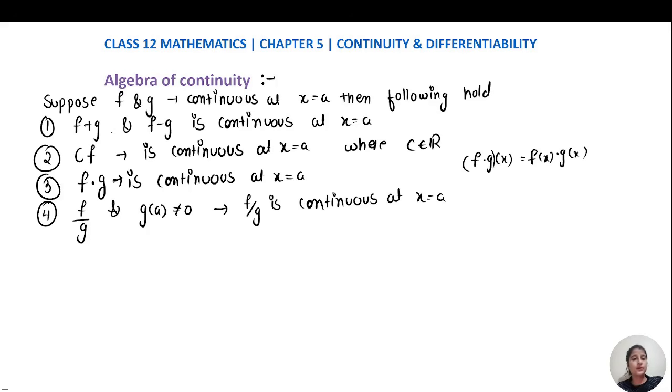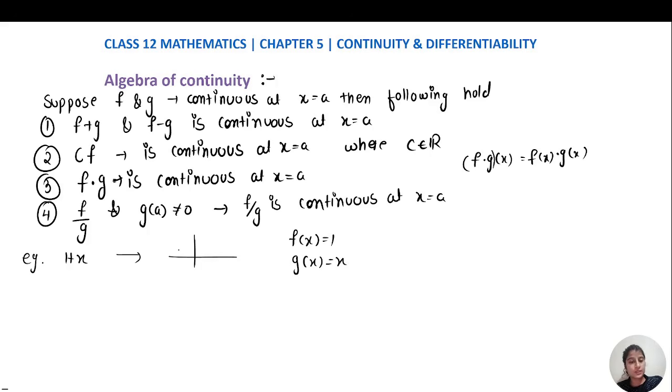If I try to show its use, take an example, say 1 plus x. We can easily see that 1 is a constant function, so it will be continuous. X will be continuous. We have already found it earlier. If I try to explain by graph, take f of x as 1 and g of x as x.